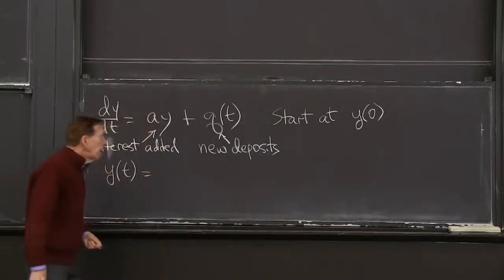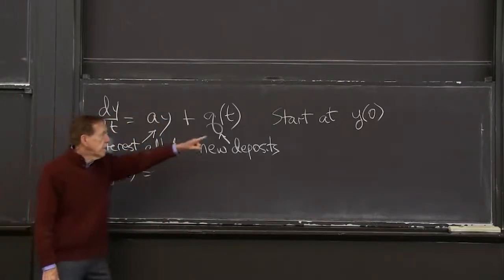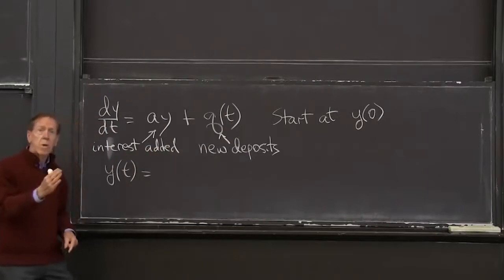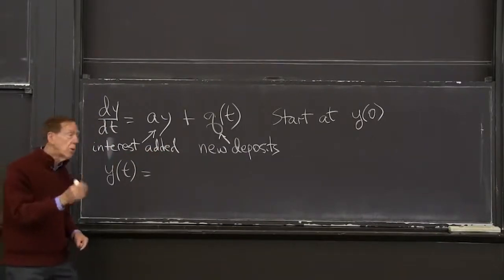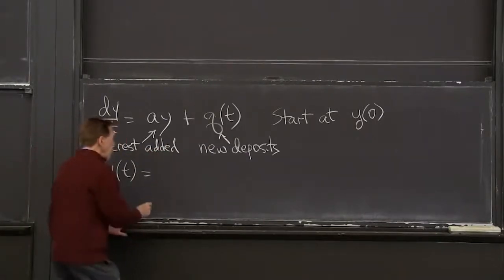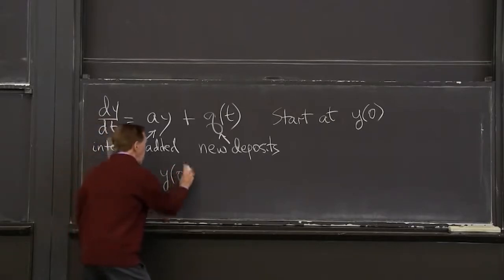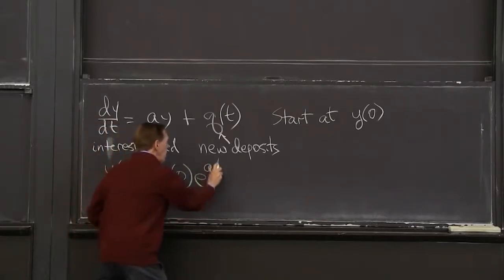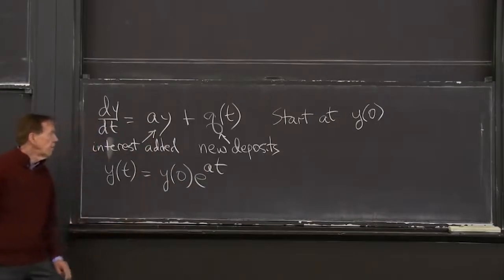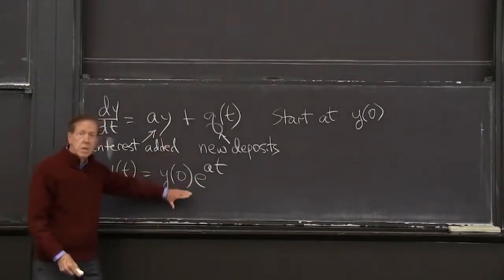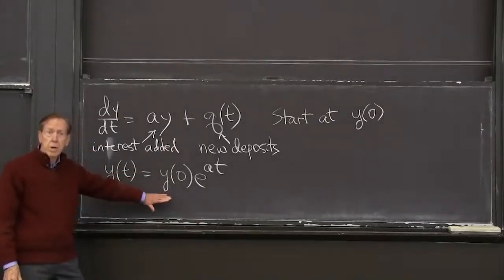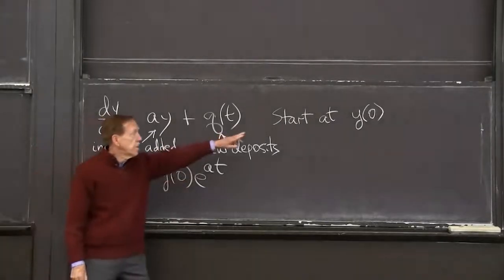Okay. So first, the y of 0, that's a once in a lifetime deposit to start the account. And it grows, as we know, with the interest rate as the exponent. So that's the null solution that matches the initial condition.